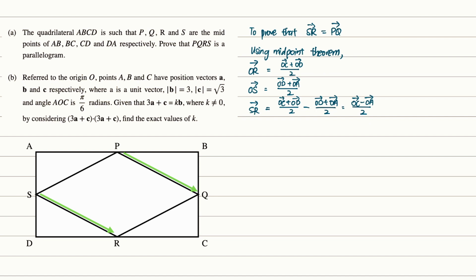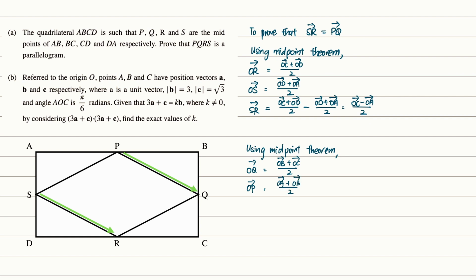Now let's try to get vector PQ as well. We are going to need vector OQ and vector OP. Now, using the midpoint theorem, vector OQ is equal to (OB plus OC) over 2, whereas vector OP is equal to (OA plus OB) over 2.